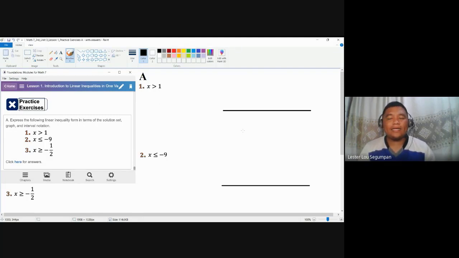When I talk about linear inequalities, one big difference from linear equations is the number of solutions. Again, when we talk about x is equal to 2, we only have one solution. Even when we talk about linear absolute value equations, we can have a maximum of two solutions. We may have one solution, and there can be instances wherein there could be no solution.